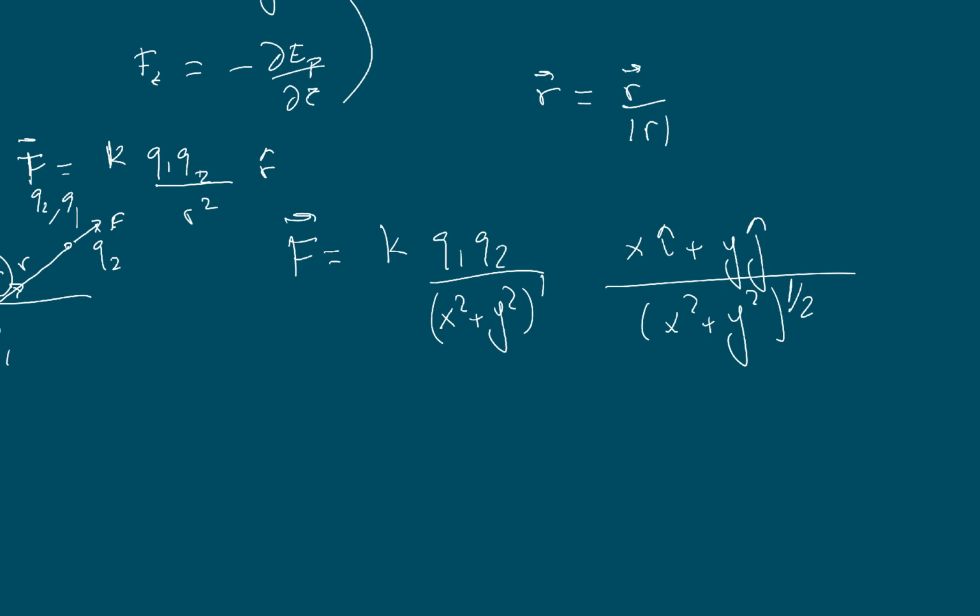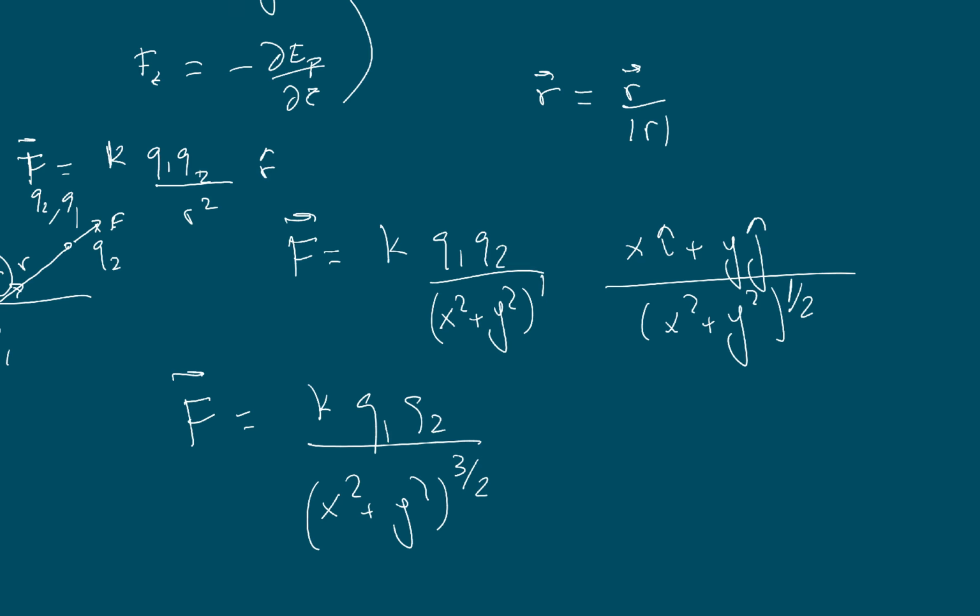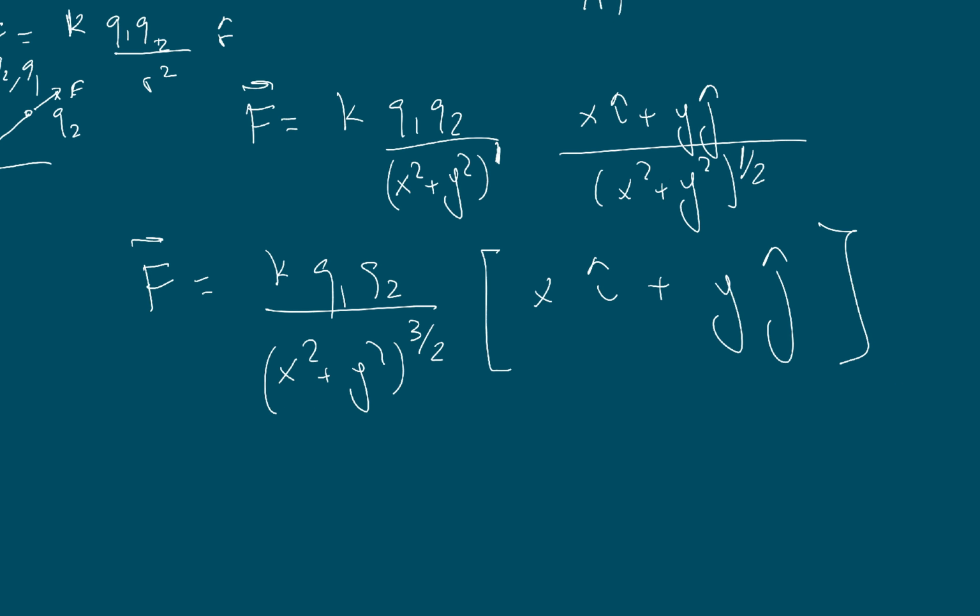So the expression for the force is K Q1 Q2 divided by (x squared plus y squared) to the 3/2, since 1 plus 1/2 is 3/2, times (x i plus y j). So this is the electrical force that is acting on Q2 due to Q1.